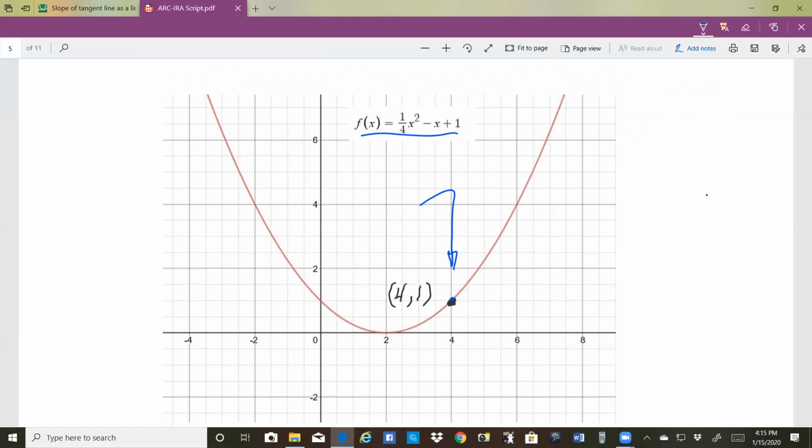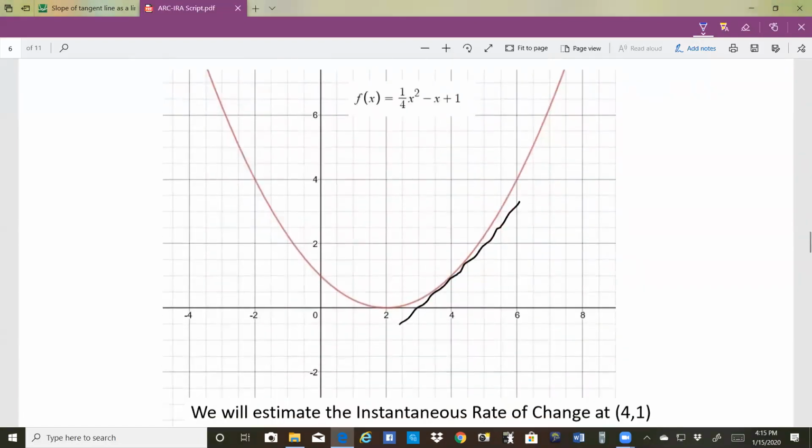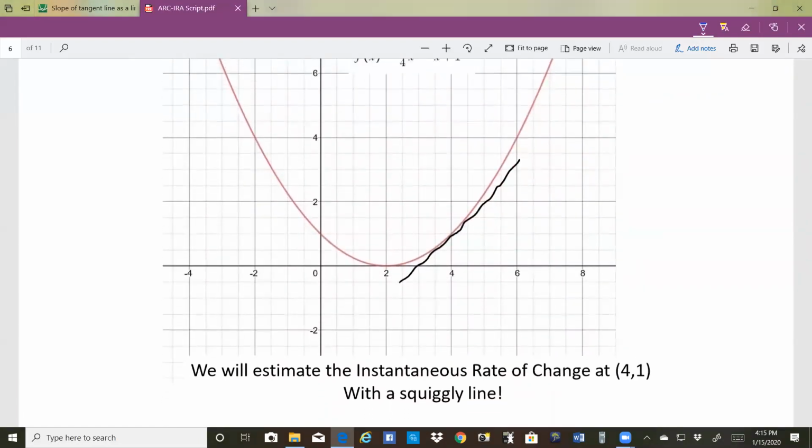And what I did was draw at the point (4, 1) a very squiggly line, which I think is sort of a close approximation of what we call the tangent line. That's what we're doing here when we start doing calculus, is to look at a point and draw a line that touches at just that point, and we call that the tangent line.